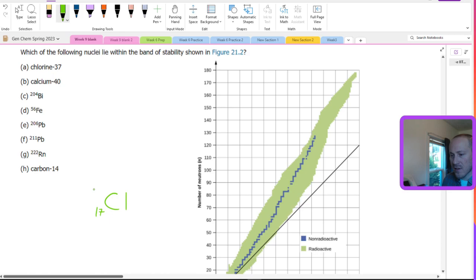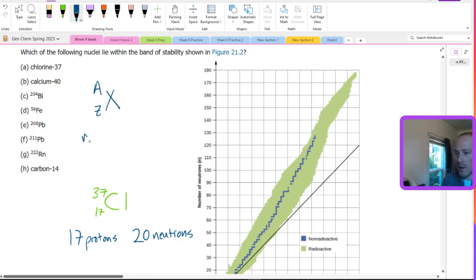So chlorine 37 must have 17 protons, and it must have 20 neutrons, because the number of neutrons is simply the difference between the mass and the protons.